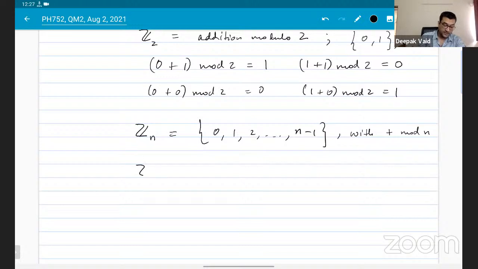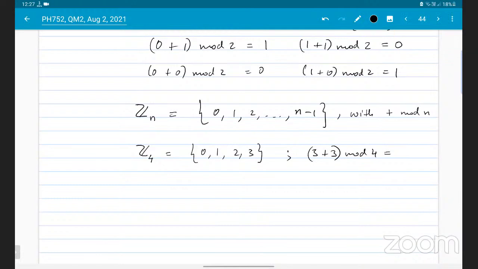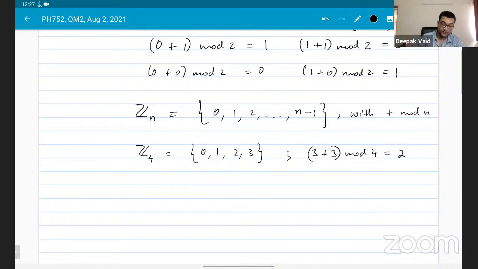So as an example, let me look at, let's say, Z4. That is 0, 1, 2, 3. Right? So it's clear that if you take any of these elements and add them to anything else, so if I take, let's say, 3 plus 3 mod 4, what do I get? Anybody? 2. I get 2, right? And so this belongs to Z4, right?